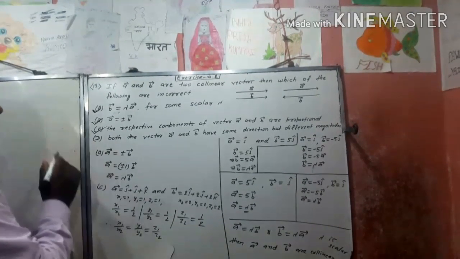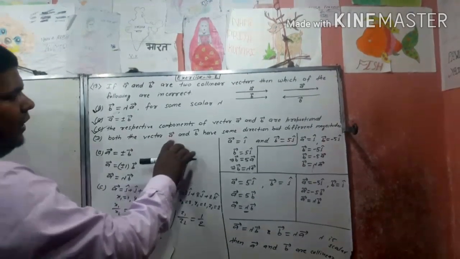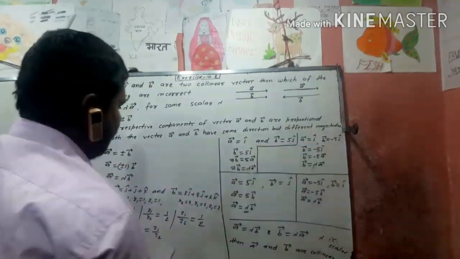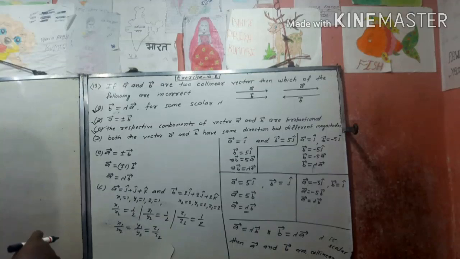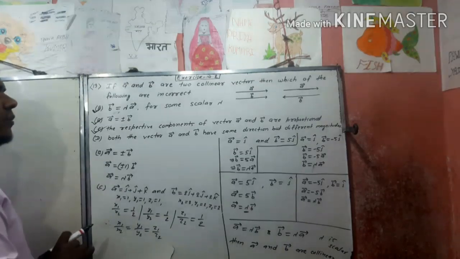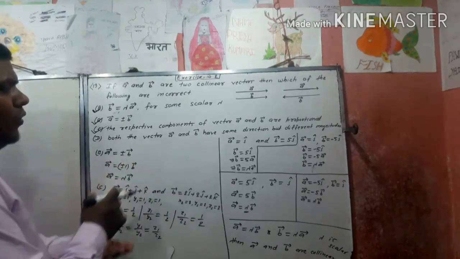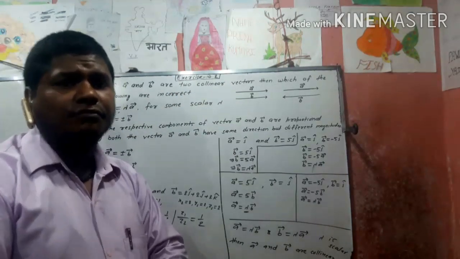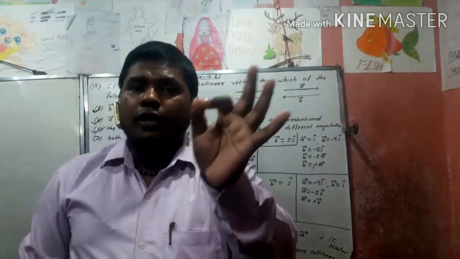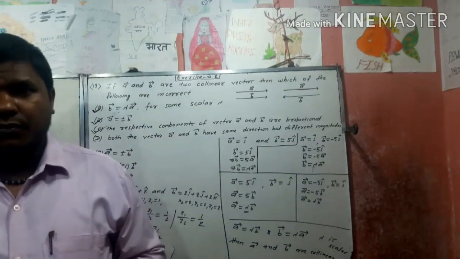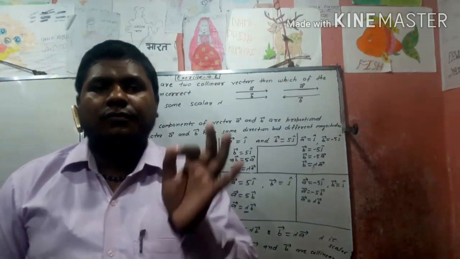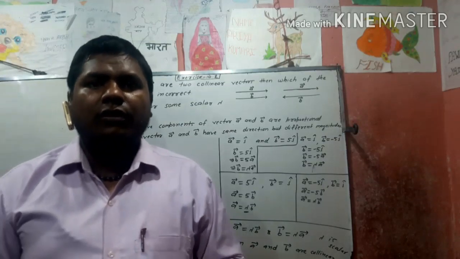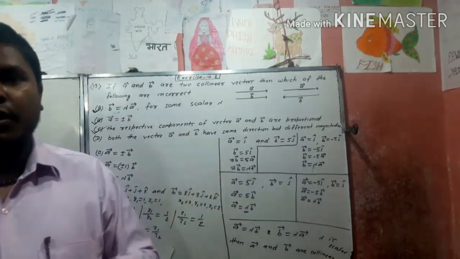Next, option D. Both vector A and B have the same direction but different magnitude. Here option D is wrong, because we know collinear vectors, two or more vectors are said to be collinear if they are parallel to each other or parallel to a given line.